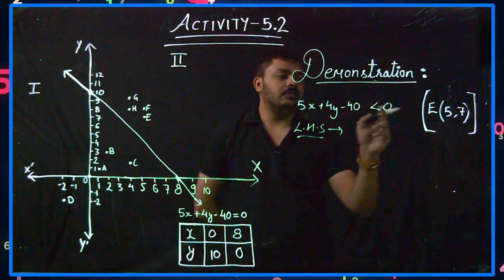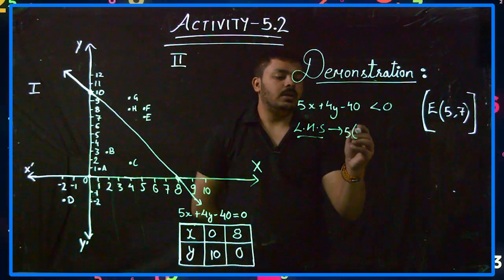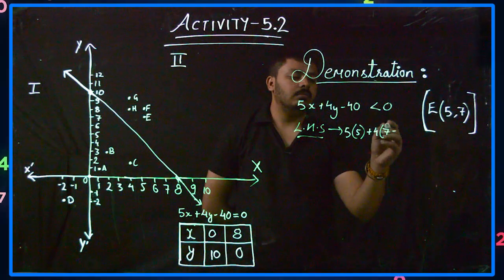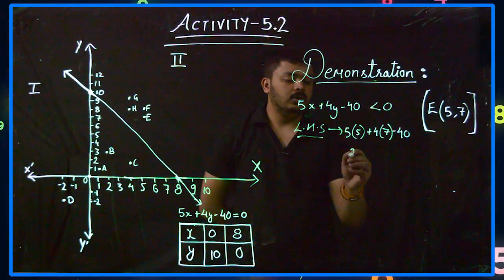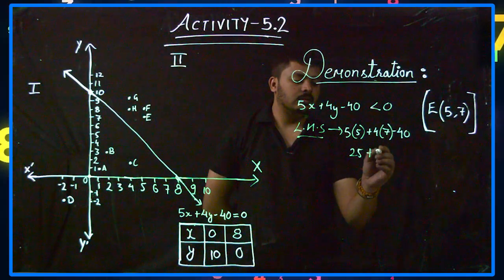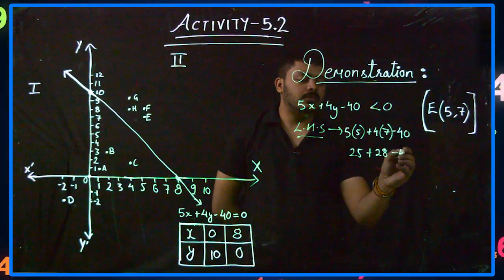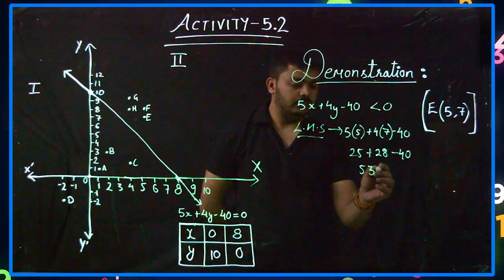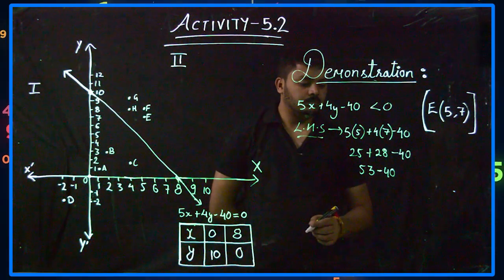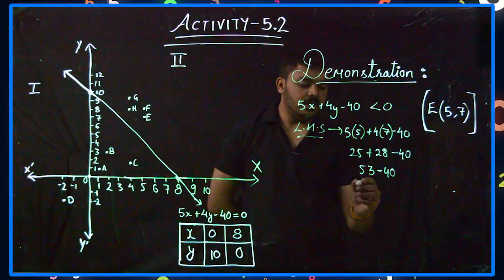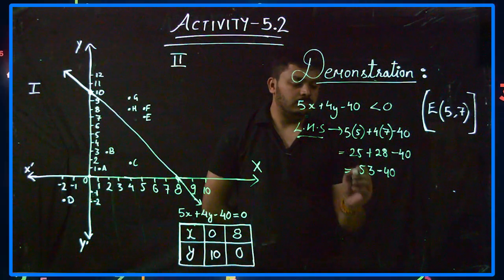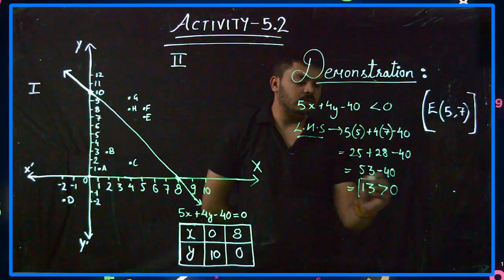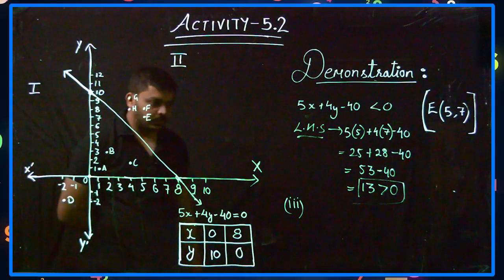We put the value of x as 5 and y as 7. 5 into 5 plus 4 into 7 minus 40, 25 plus 28 minus 40, 53 minus 40. So we get 13, which is greater than 0, that is, it does not satisfy our inequality. Point E does not satisfy the inequality.